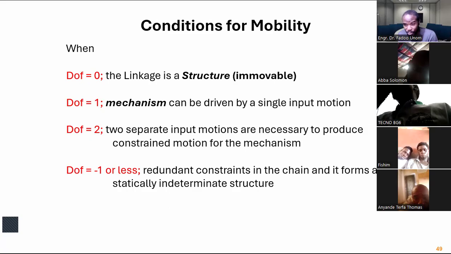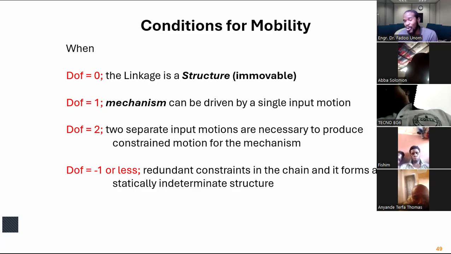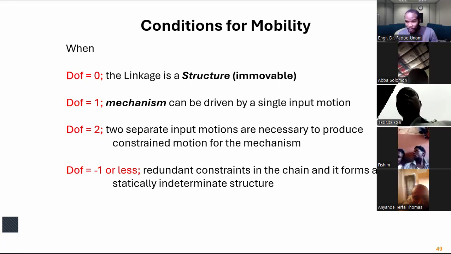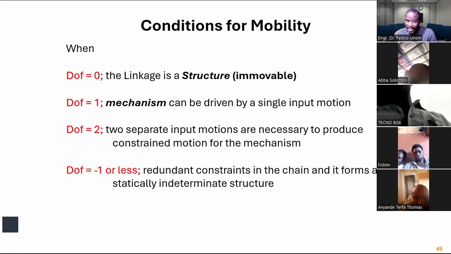It's immovable. It's a locked chain. This is very similar to what we did with kinematic chains, but now we're dealing with mechanisms where one of the links is fixed. If DOF is 0, then it's a structure, which is equivalent to the locked chain we were dealing with before.